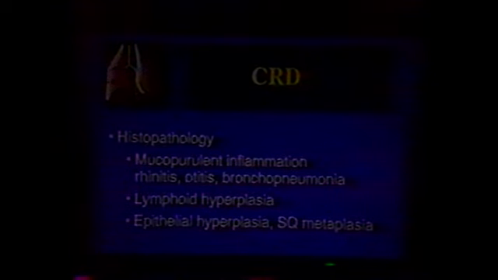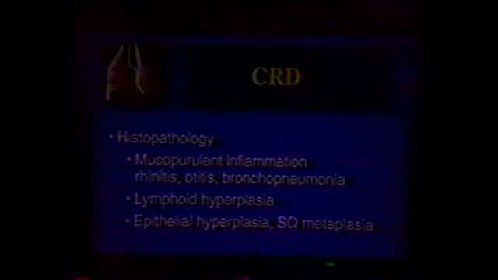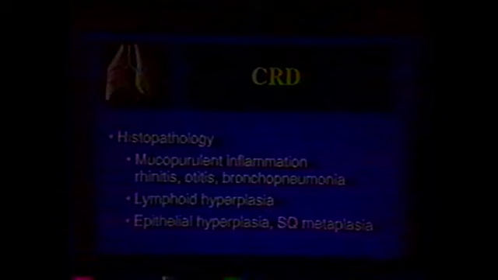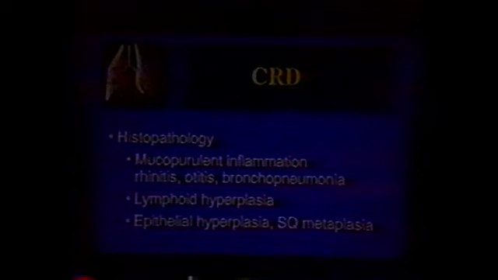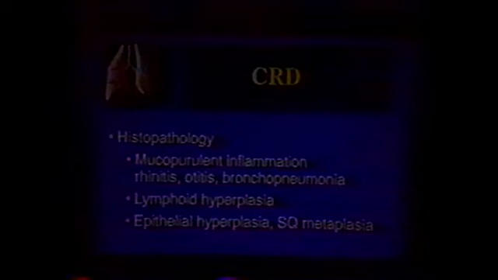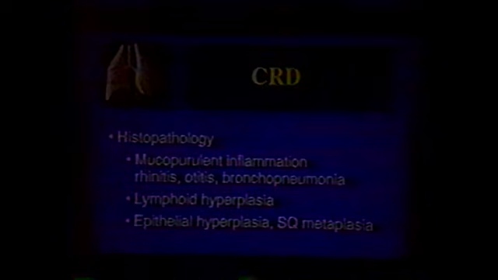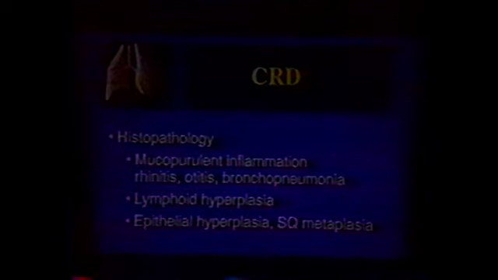Okay, what do we see histologically? Well, I indicated mucopurulent inflammation grossly, and that's what we tend to see microscopically as well. And we may see it not only in the lung, but we're going to see it in the nasal cavity and in the middle ear. Lymphoid hyperplasia occurs, and not only does it occur in the defined lymphoid tissue, but it occurs in the bronchial-associated lymphoid tissue, or the so-called BALT, and it is a hallmark of mycoplasma infection.